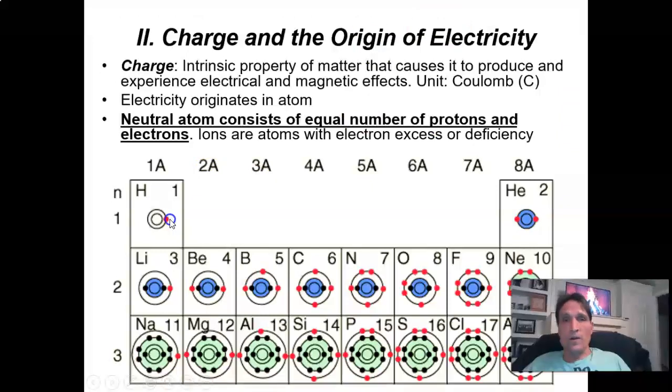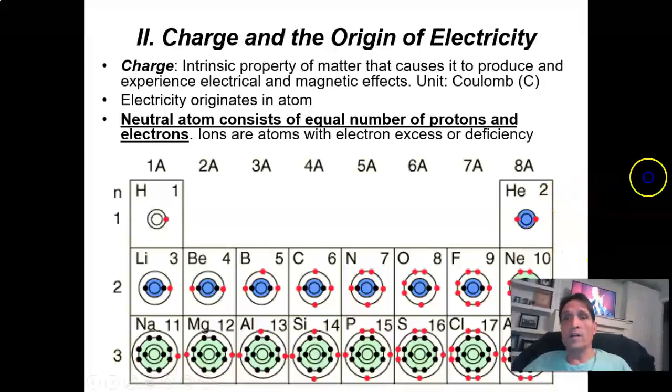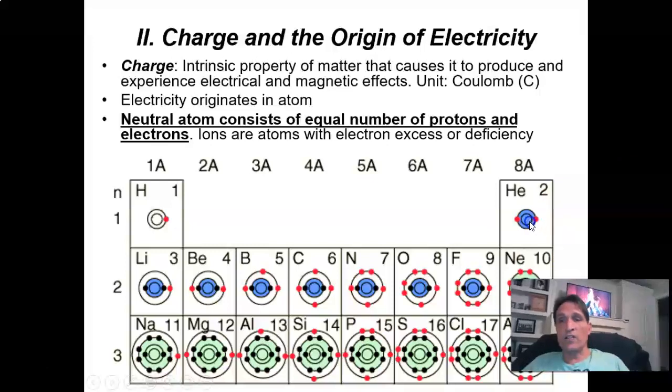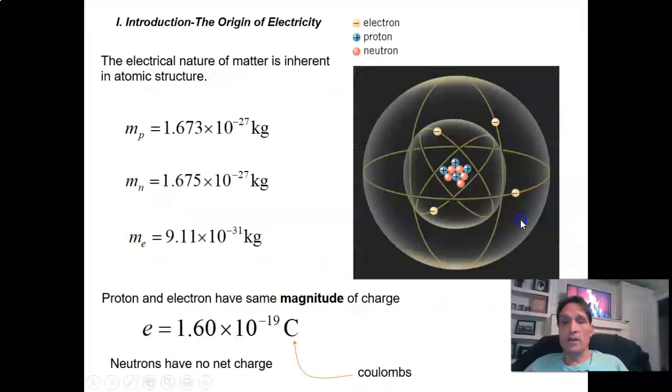And so if we look at the periodic table, hydrogen has one proton and one electron orbiting the proton. Helium has two protons and two electrons. It also has two neutrons, but the neutrons aren't charged, and so we can neglect them when discussing electricity and just consider the two protons and the two electrons.